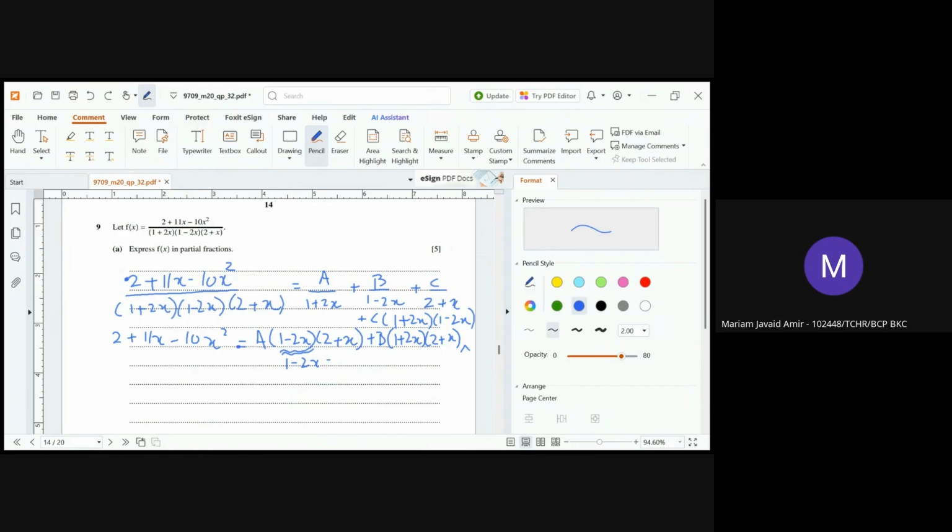Now substitute that here and this will become 0, this will become 0. So that would give you 5 equals 5b, which gives us b equals 1.